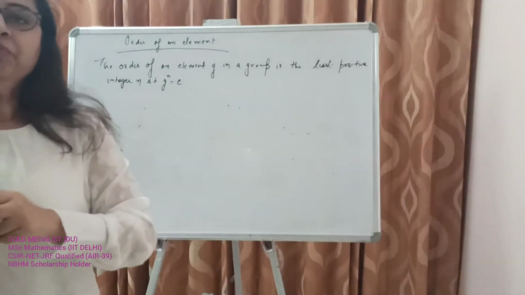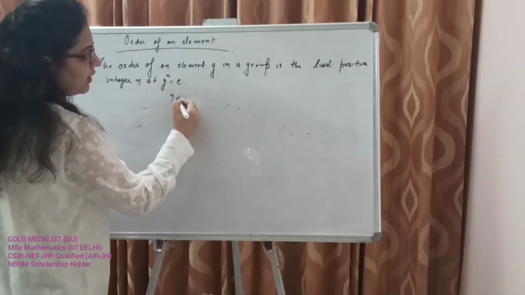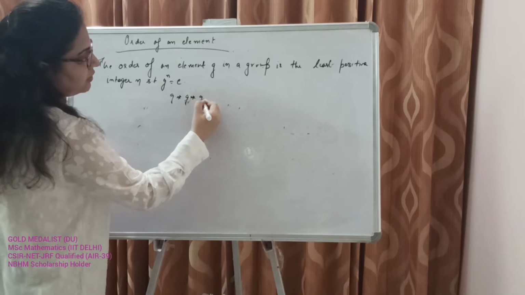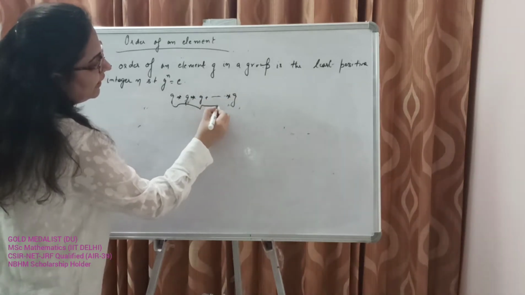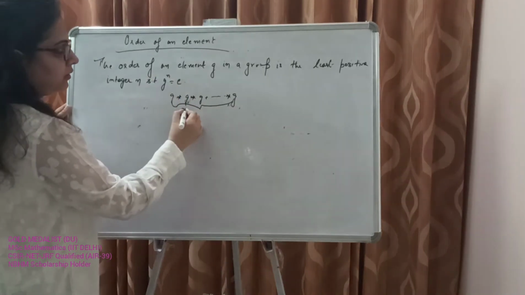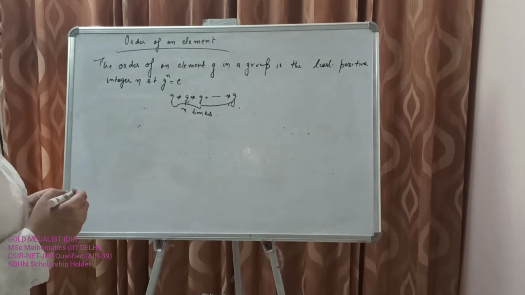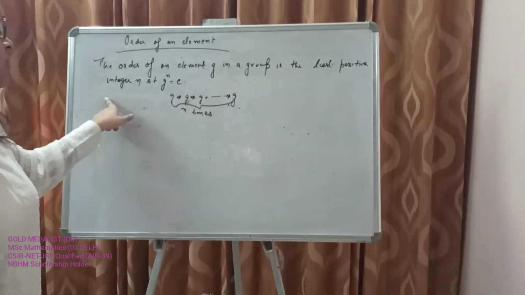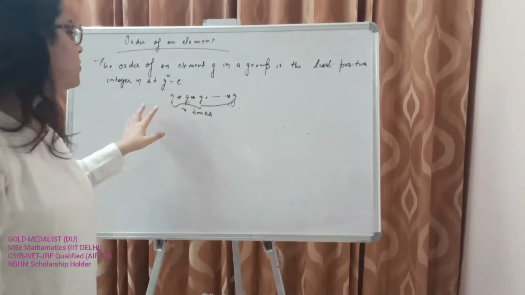So g power n is g star g star g star g star g, which is applying the operation on the element n times, right? So the order of an element g in a group is the least positive integer n such that g power n is the identity element, right?